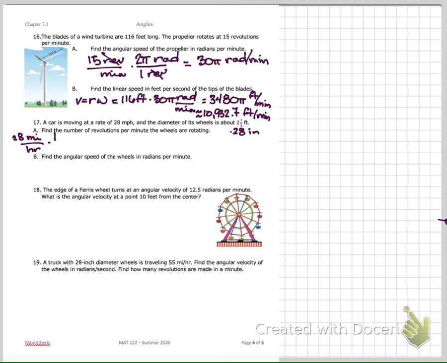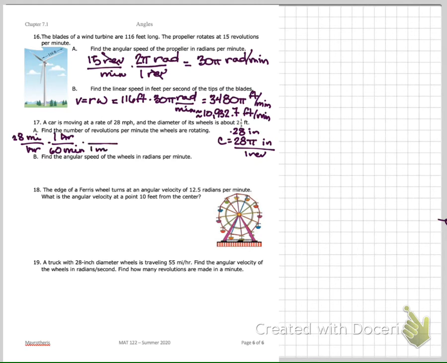So I'm going to start by getting rid of that hour. Okay. I'm going to get rid of miles. I know that if my diameter is 28 inches, the circumference is 28 pi. And I've got 28 pi inches per 1 revolution. So I need to get this into inches so that I can convert it to revolutions.